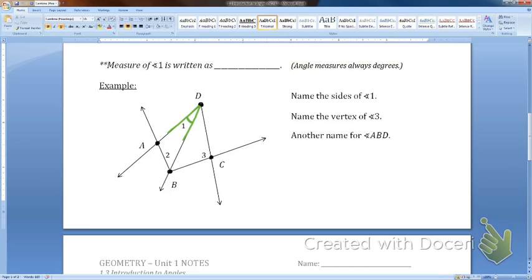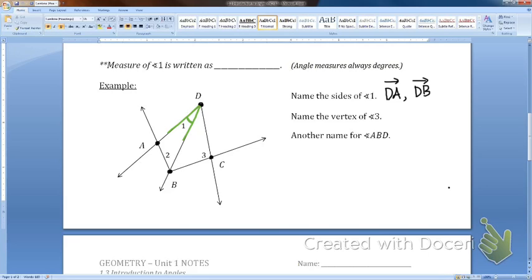Name the sides of angle 1. Well, we know that both of these sides are rays. Okay, so we could say ray DA and ray DB. Those are the sides of angle 1.